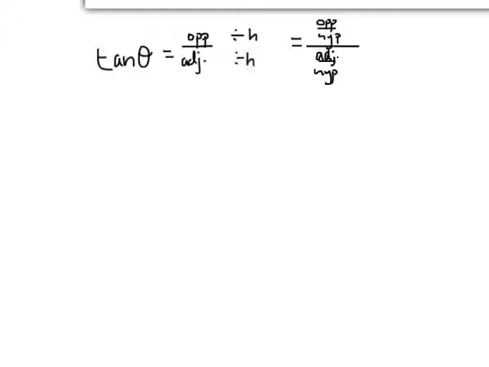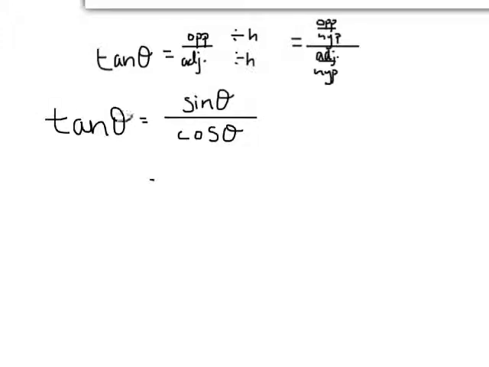And that's going to be beneficial to me, because opposite over hypotenuse is actually sine of theta. And cosine theta is adjacent over hypotenuse. So what we just figured out is that tangent of theta is equal to the ratio sine theta over cosine theta.